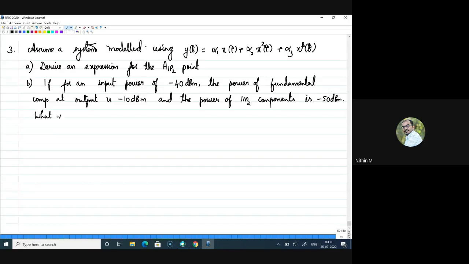In that case, what is the IIP2 of the system?